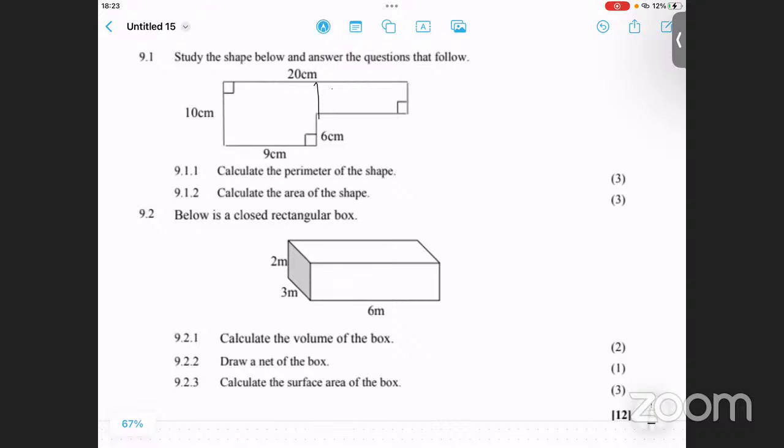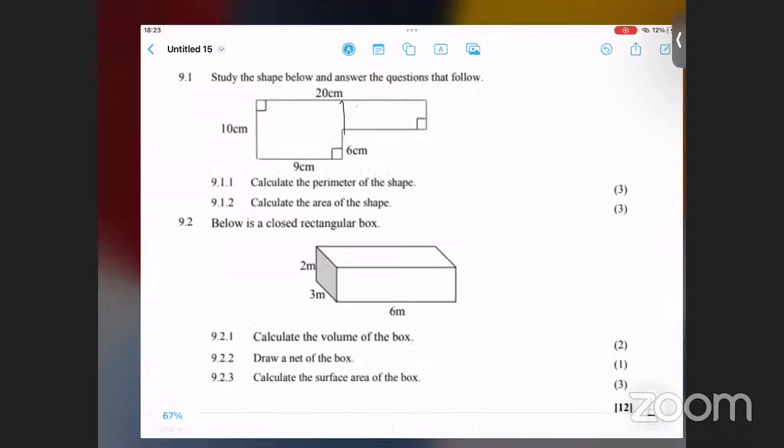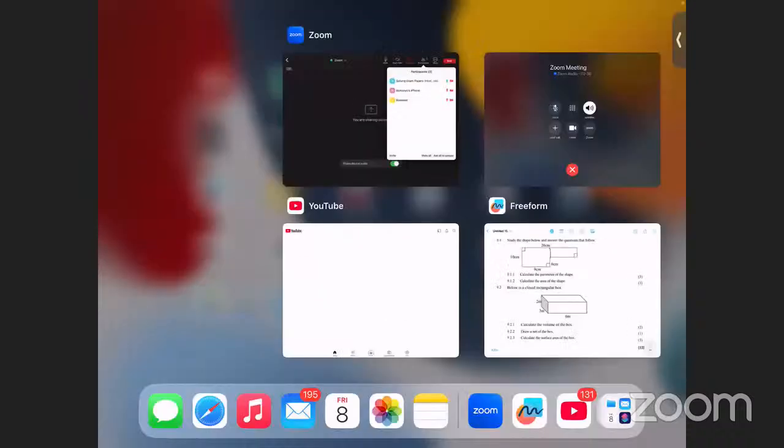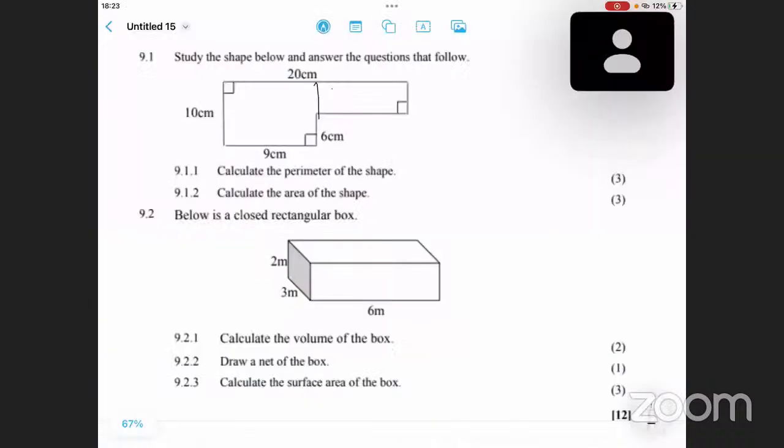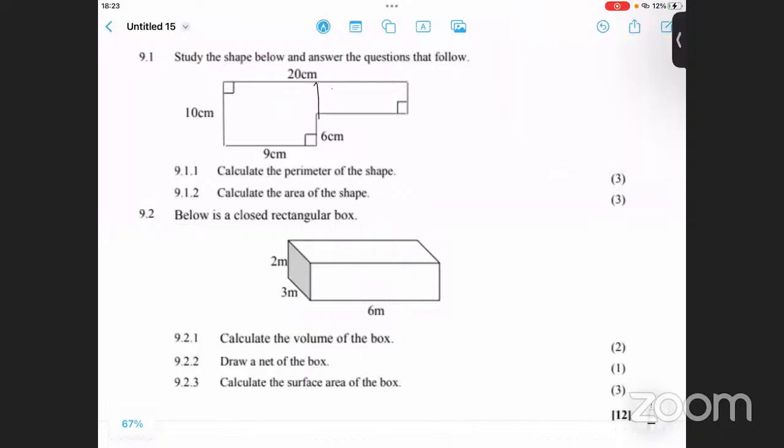How did you calculate for the perimeter of this shape? Okay, Bigano, are you able to hear me?